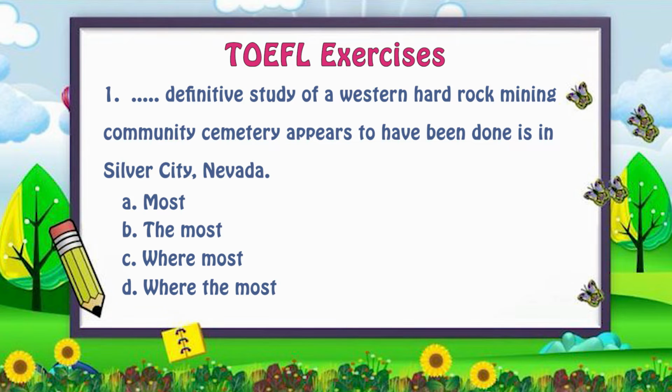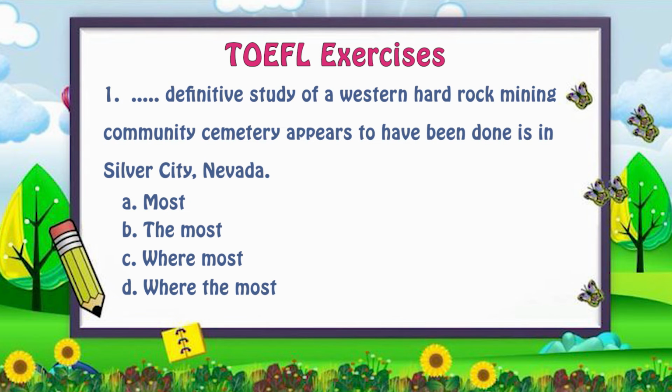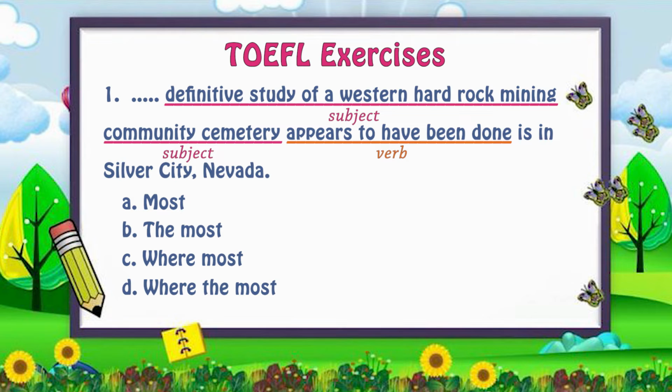Let's see the sentence. Definitive study of a Western hard rock mining community cemetery appears to have been done. In this part of the sentence, we already have the subject: definitive study of a Western hard rock mining community cemetery. Then appears is the verb, appears to have done.